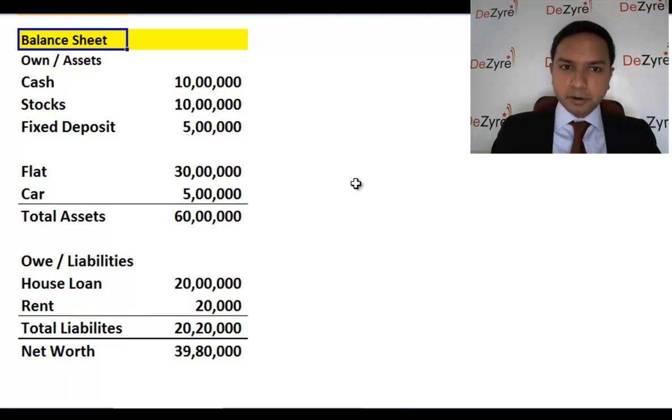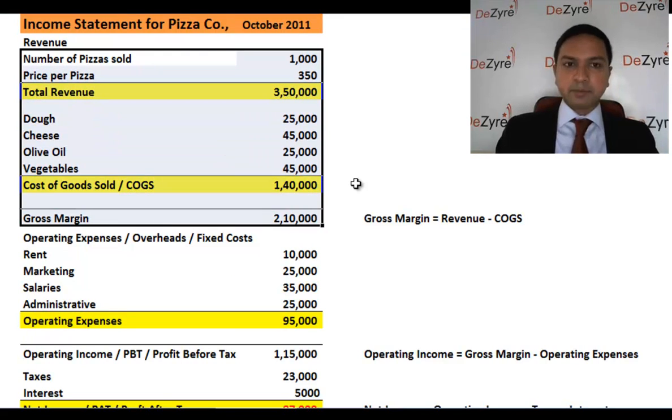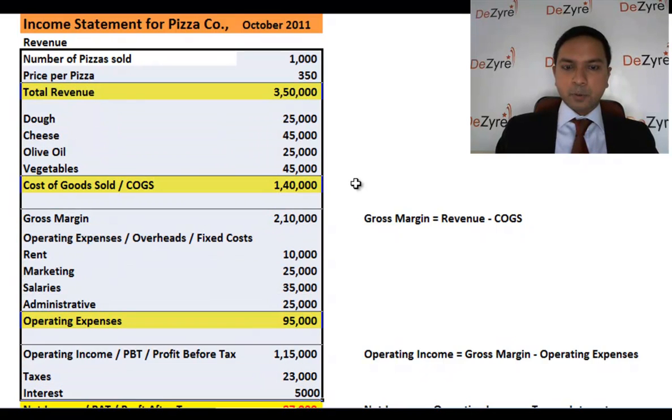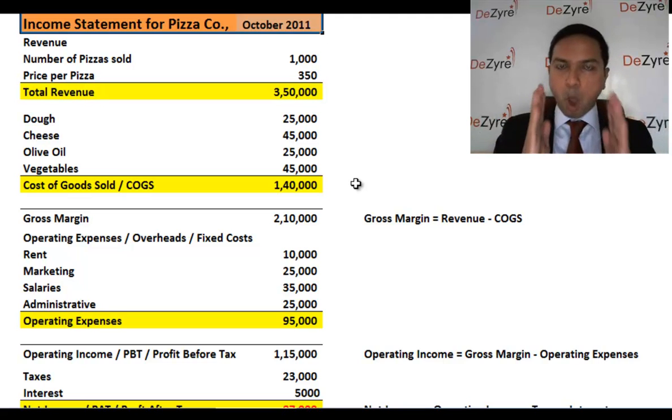Similarly, a company has a simple income statement like this, which we looked at a few sessions back. Just like in your case, this income statement does not give the entire snapshot of a company. This is just one aspect of a company's financial snapshot.